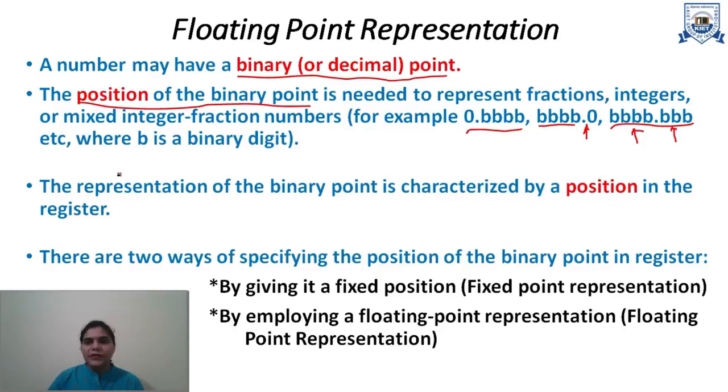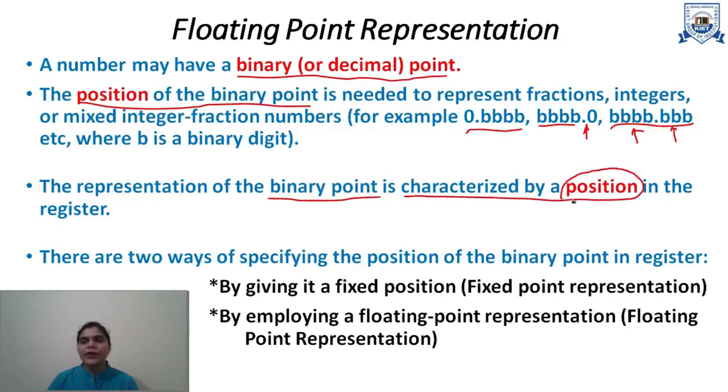Here B is a binary digit because we are talking about binary numbers, so we will have binary digits, either 0 bit or 1 bit. The representation of the binary point, or we can say decimal point, is characterized by the position.